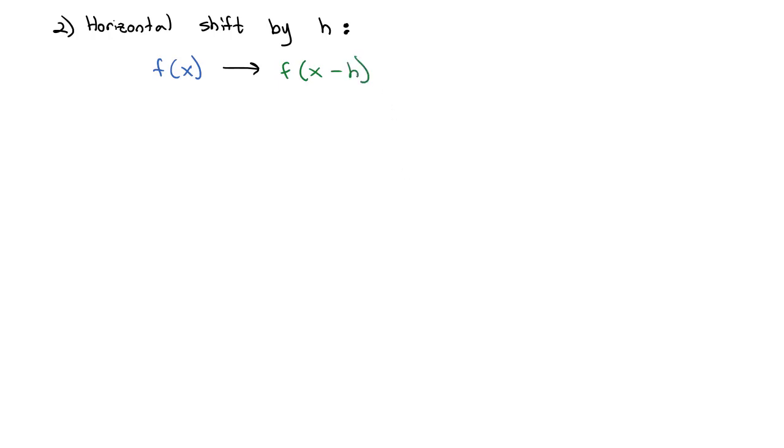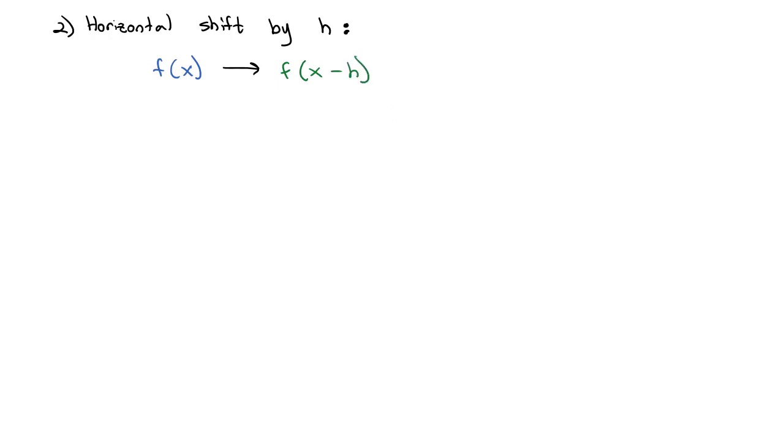Let's take a look then at horizontal shifts by h. So the idea here is if I've got some function f of x and I want to shift it horizontally by h, what we'll do is we'll say f of x minus h.